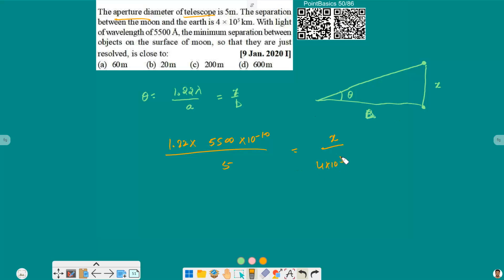So 4 into 10 raised to power 5 into 10 raised to power 3, converting it into meters, and when we solve from this we will get x approximately equal to 53.68 meter. That is comparable to option A, that is 60 meter.